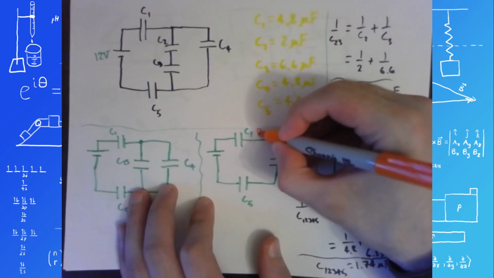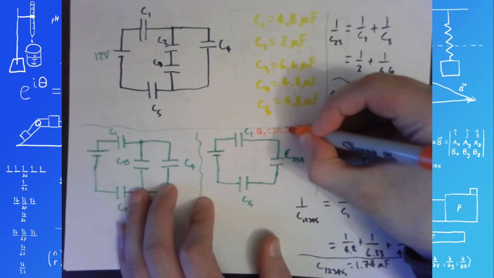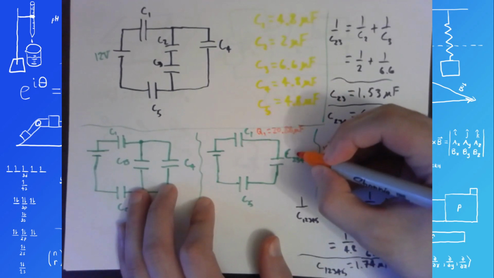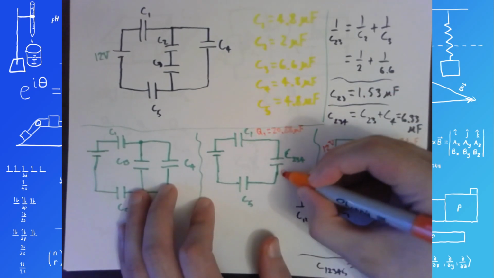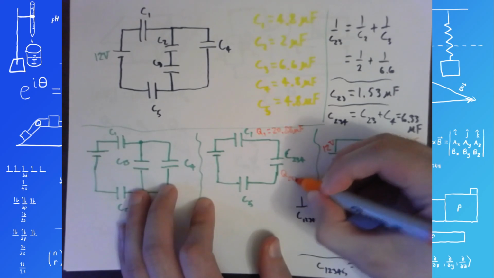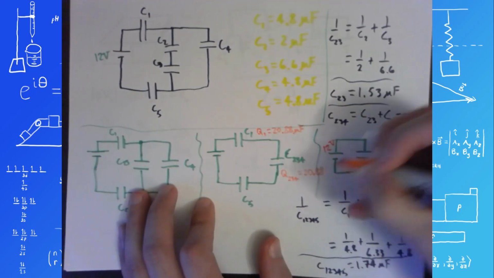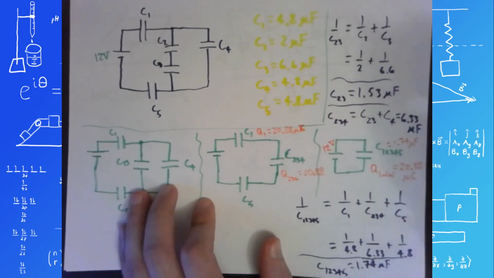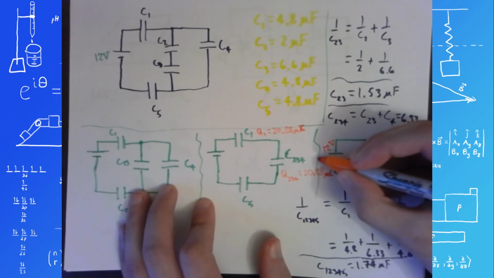So we've got Q1 is 20.88 microcoulombs. Q234 is also 20.88. I guess I'll write it here. Q234 is 20.88. Did I call it microfarads? Microcoulombs. 20.88 microcoulombs.